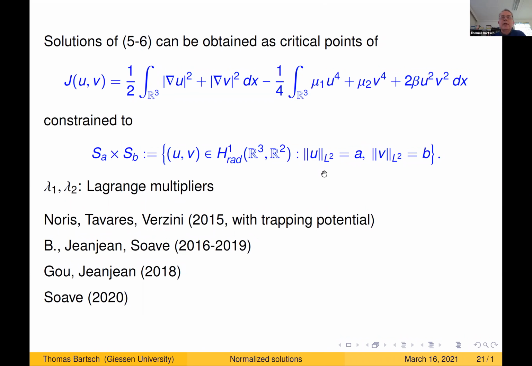We constrain it to the L2 spheres, for both components. It's now a product of L2 spheres in H1 times H1, just in the radial setting.